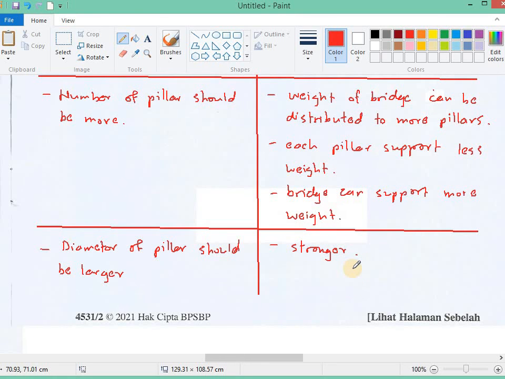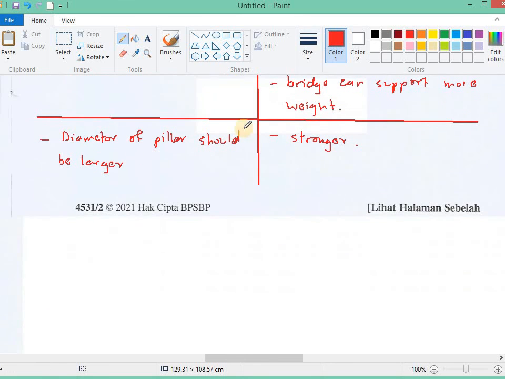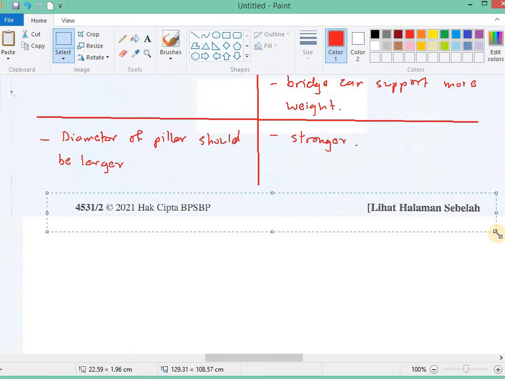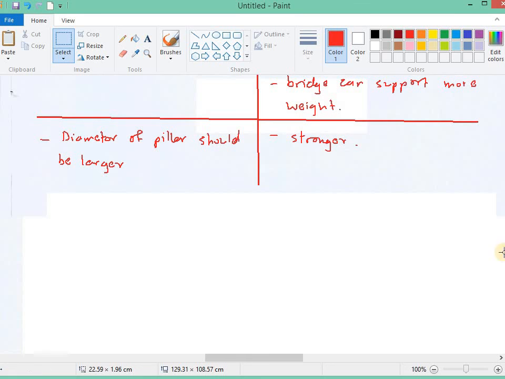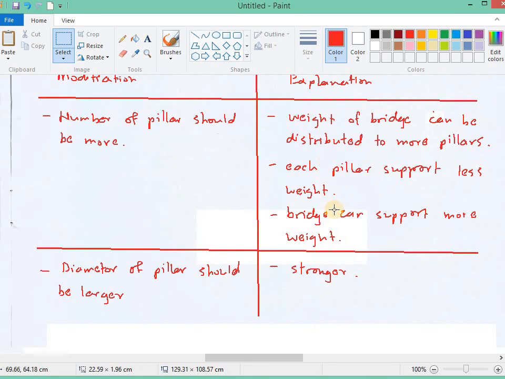Just like that, one word, stronger, also can already. If you give 3, it only gives 1 mark, because sometimes we don't know which one the answer can accept.